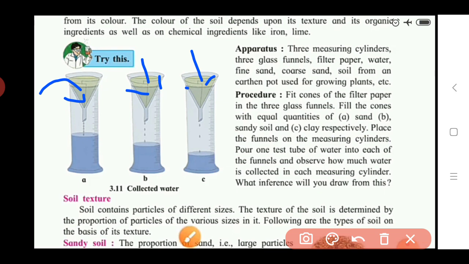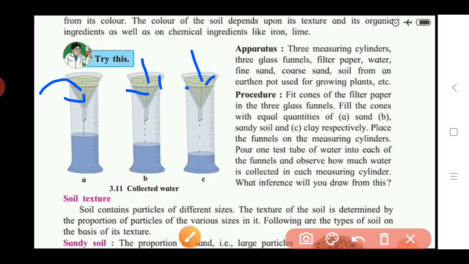If you see, out of this A, B, C, the A measuring cylinder contains a large amount of water as compared to B and C. And if we see the C cylinder, it contains a very low amount of water as compared to A and B. So from this you can see which property, that is the drainage of the water.